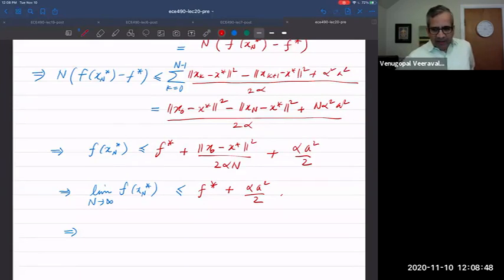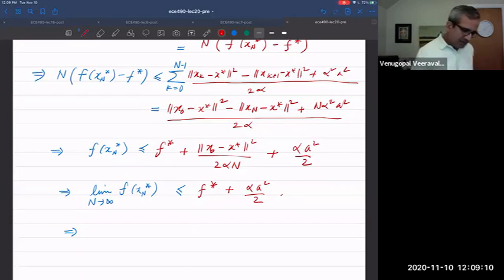If alpha can be made small enough and n large enough, then suppose you want to get to within some epsilon of f star, then basically you need to make sure that your n is large enough.